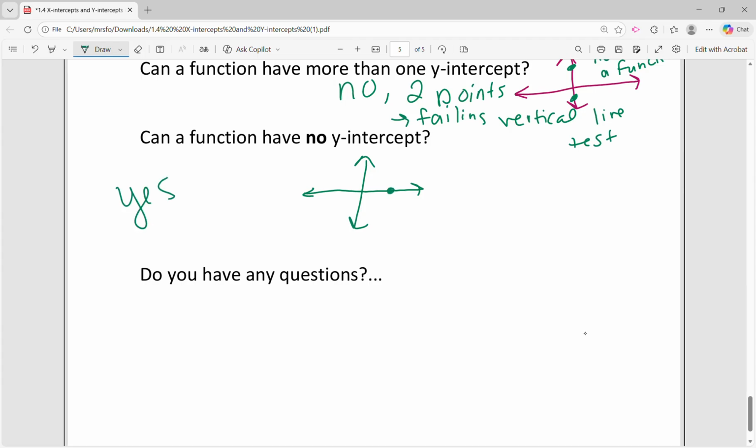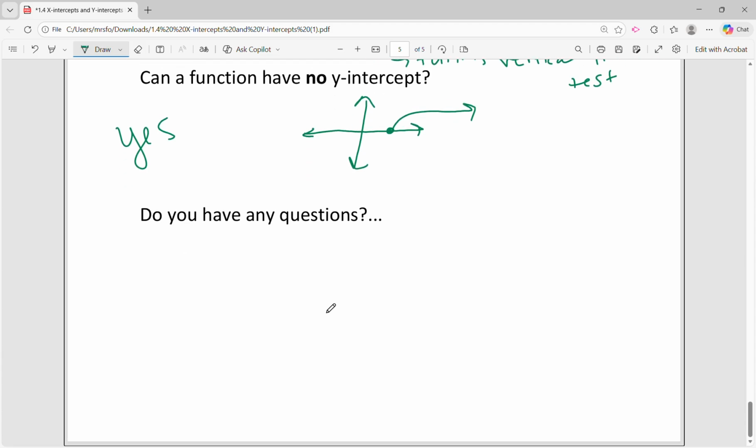Think about this right here, no y-intercept. You also could have logarithmic functions. I can show you some more when we're in class, but if I pull up the online calculator, it'll kick me off of the video.